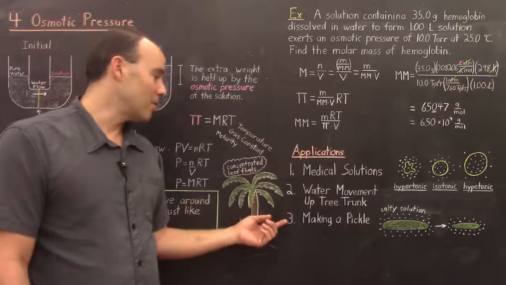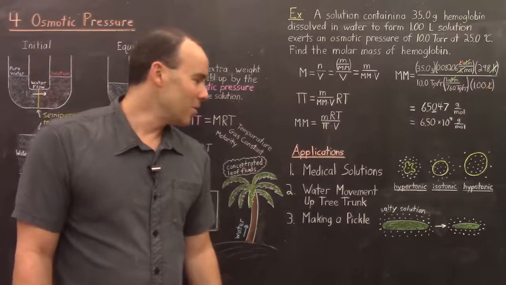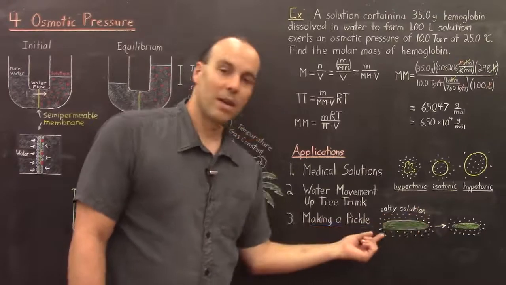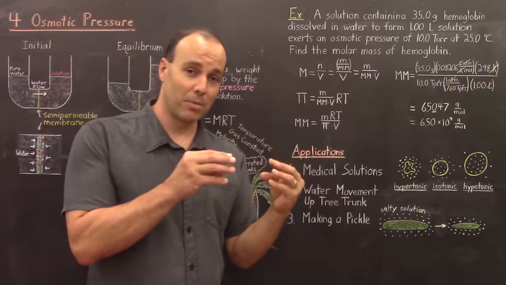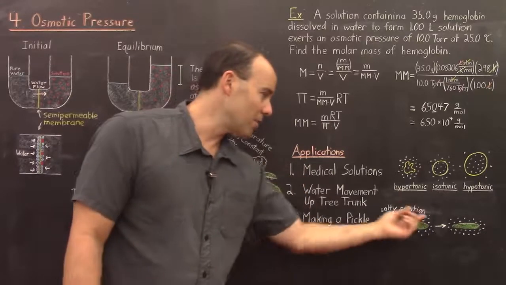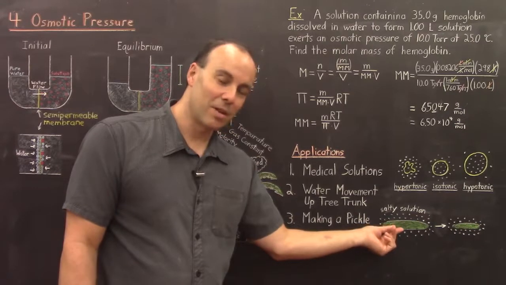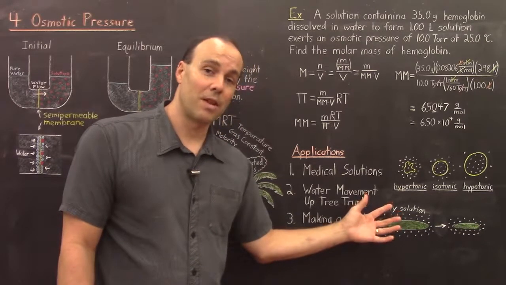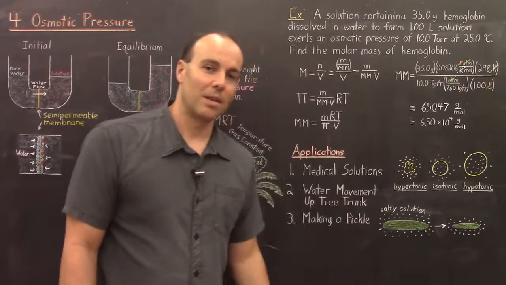Now, the last application is making a pickle. You can imagine taking a cucumber. The cucumber has a nice skin coating which can act as a semi-permeable membrane. And if you surround the cucumber by some salty solution, then the water inside the cucumber will want to travel through the membrane to the salty area outside, and so the cucumber will end up shriveling up, and that's how you make a pickle.